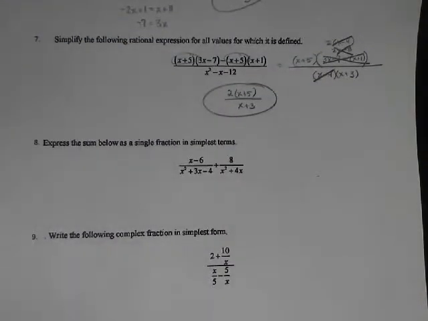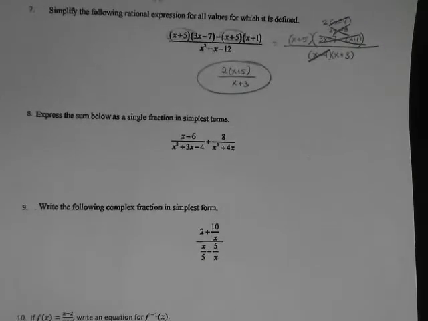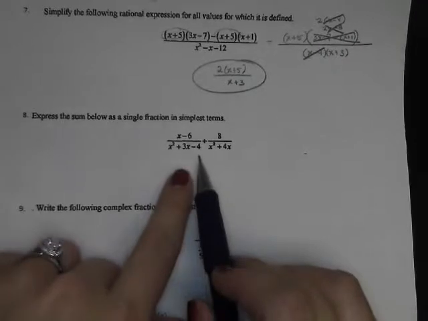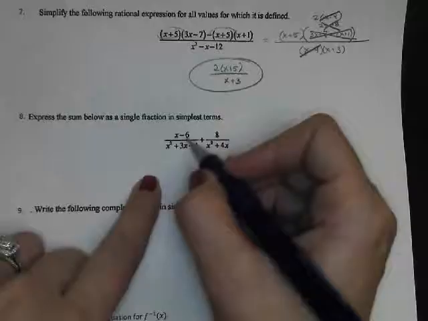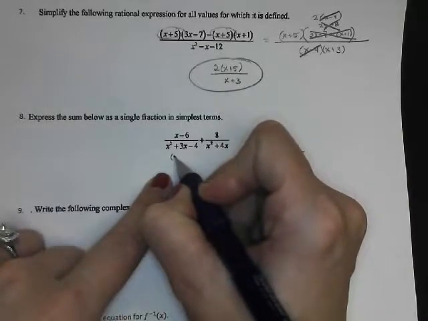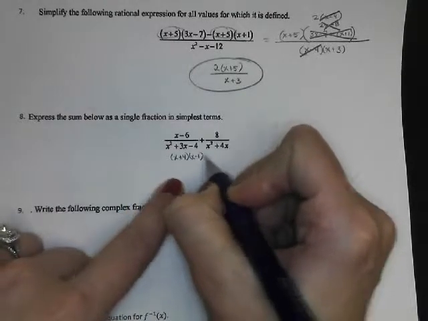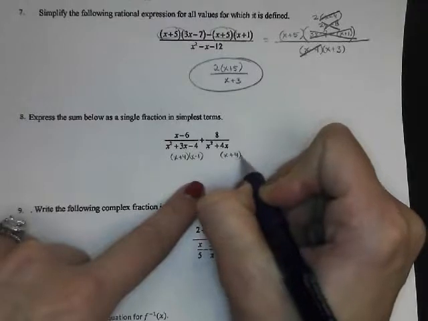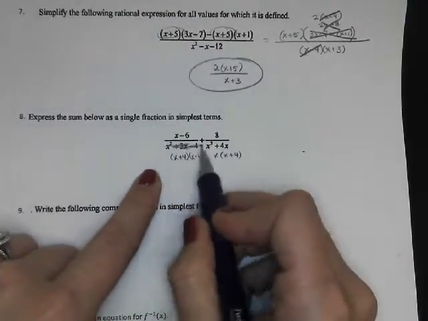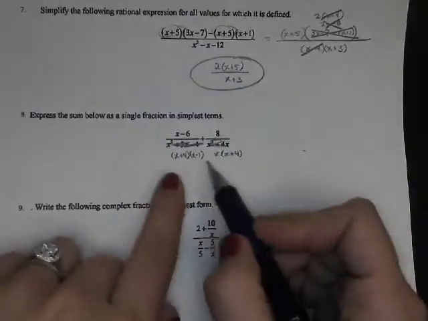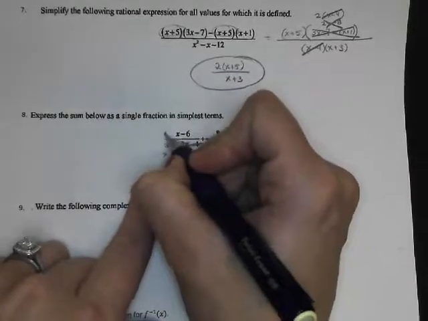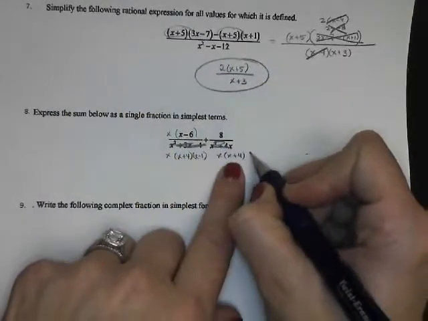Expressing the sum, gosh, there's no solving on any of these. For the sum, we just need a common denominator again. This is typical factoring. This is GCF factoring. This one needs an x. This one needs an x minus 1.